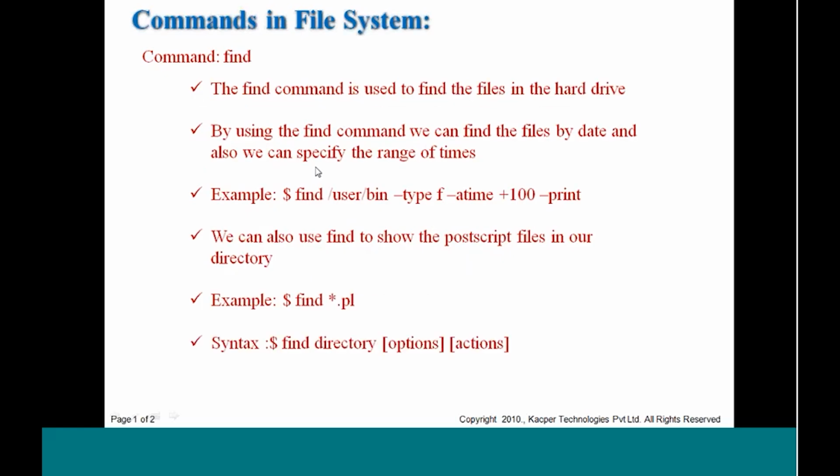The other command that we will talk about is find. The find command is again used to find a particular file in a hard drive. So this is mostly a file name, rather than using grep, which is more like a keyword. Using this one you can find files by date, and we can also specify the range of times when it got modified.